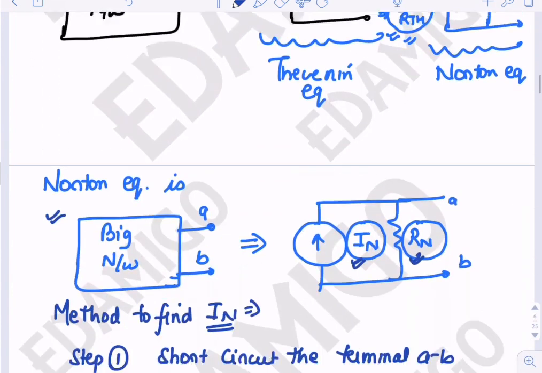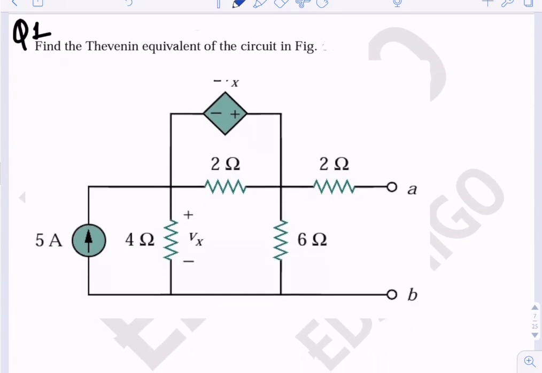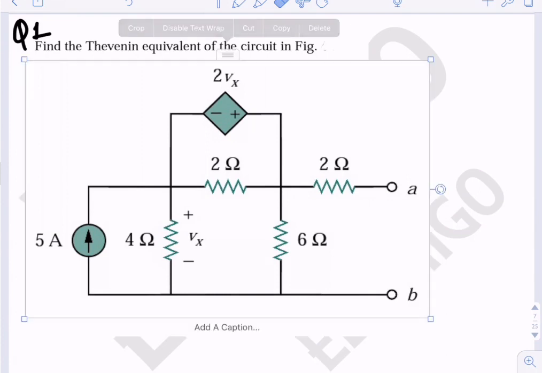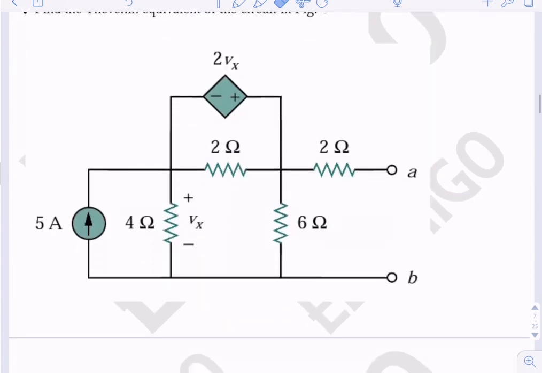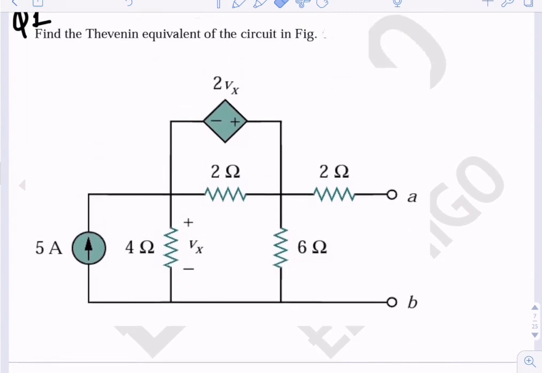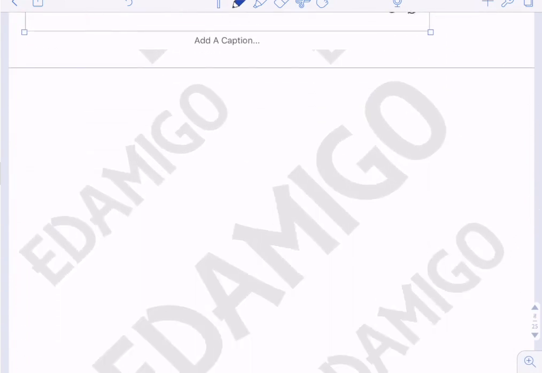Now let's start solving the questions. This is the first question. We have to find the Thevenin equivalent of the circuit in the figure. Let me copy the figure first.